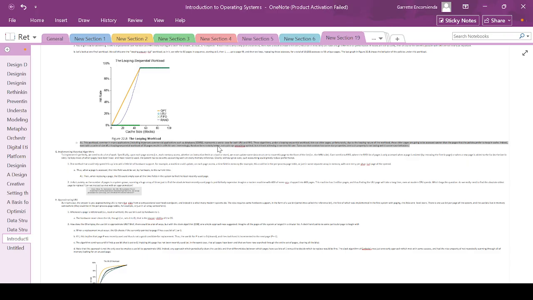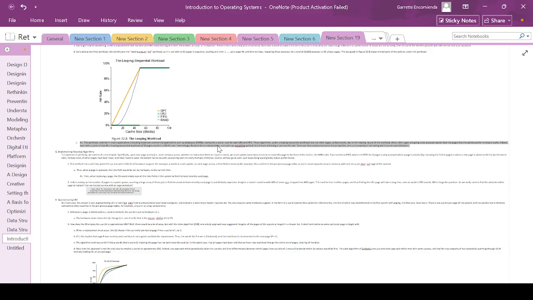So though we have policies that make better use of our cache, the older pages are going to be accessed sooner.